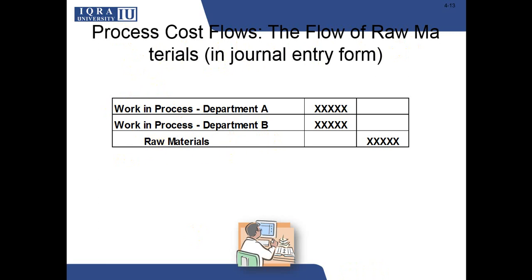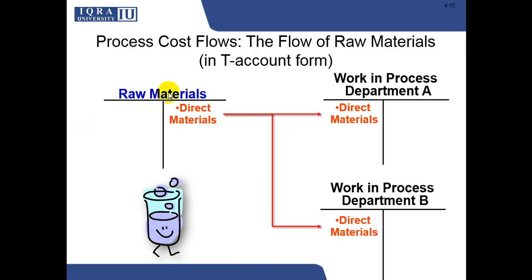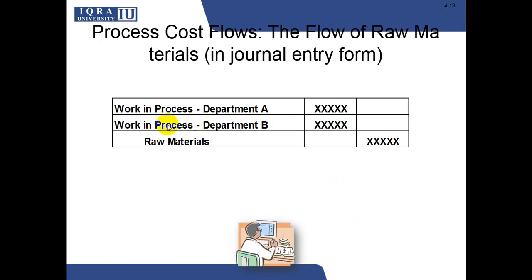So raw material, see here, raw material is credit, because we have seen in our example that raw material is credit and WIP is debit. WIP Department A is debit and WIP Department B is debit. So this is the flow of raw material.